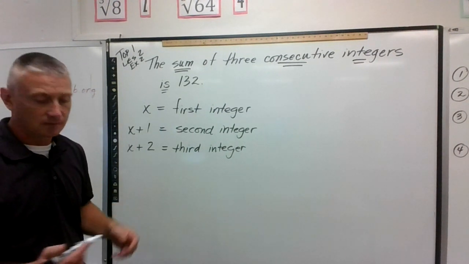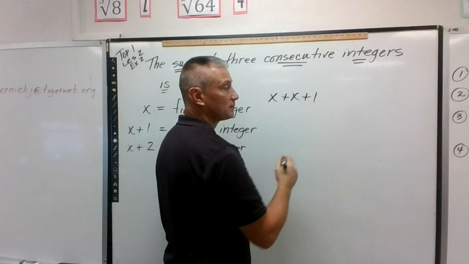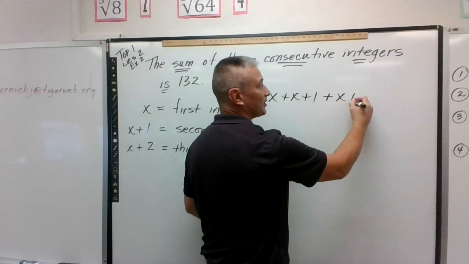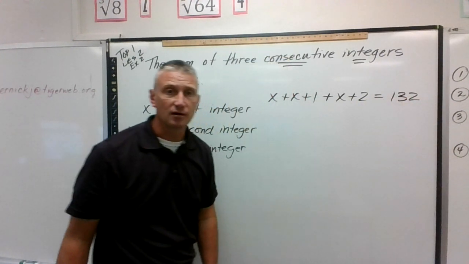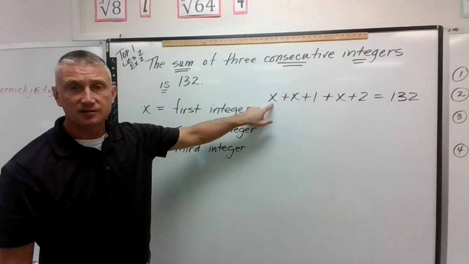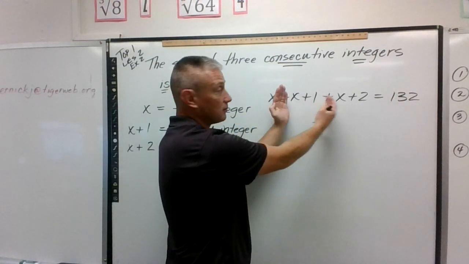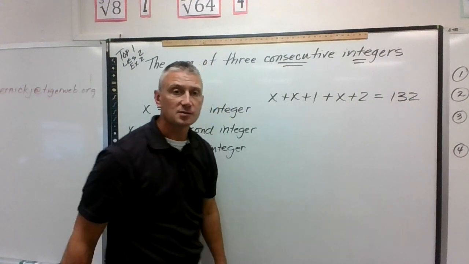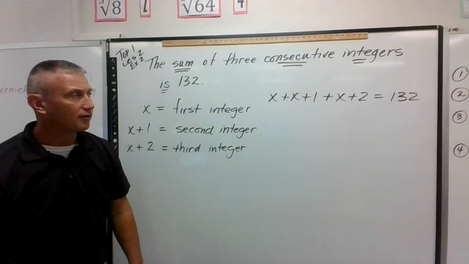And here's the equation. x plus x plus 1 plus x plus 2 equals 132. Here's the first integer. Here's the second integer, x plus 1. And there's the third integer, x plus 2. If I add them all together, I should get 132.